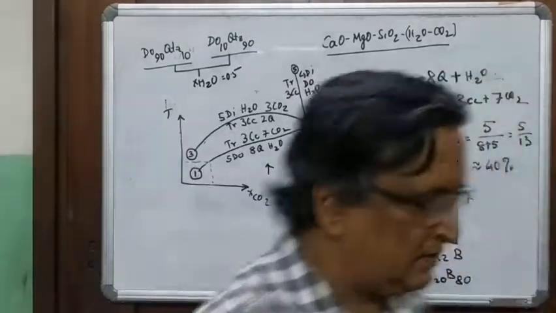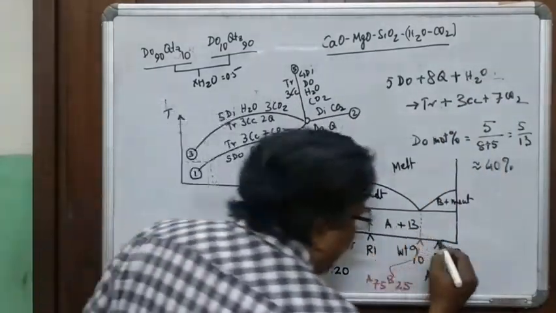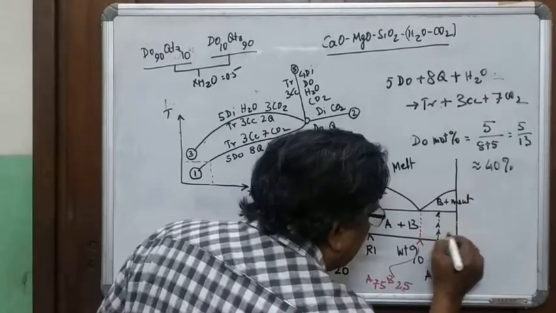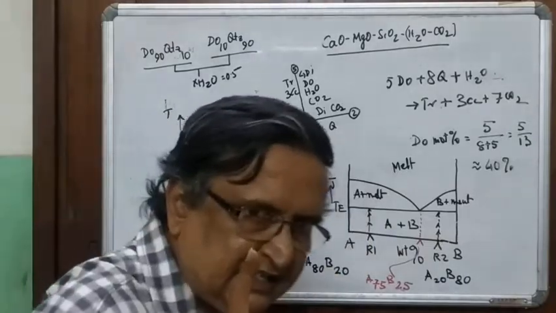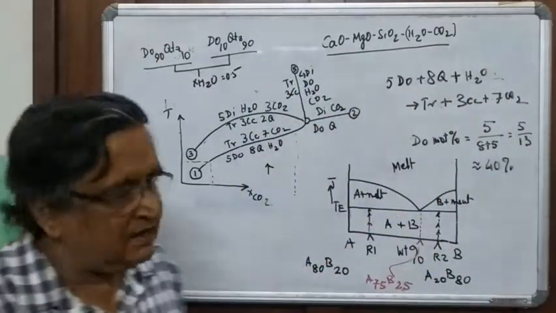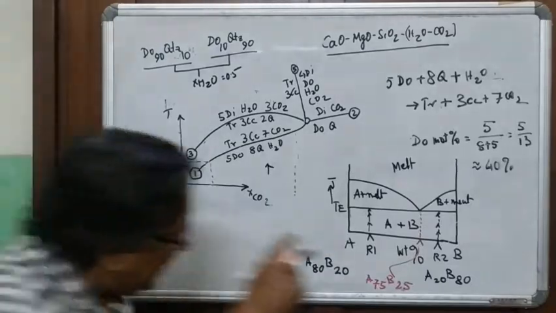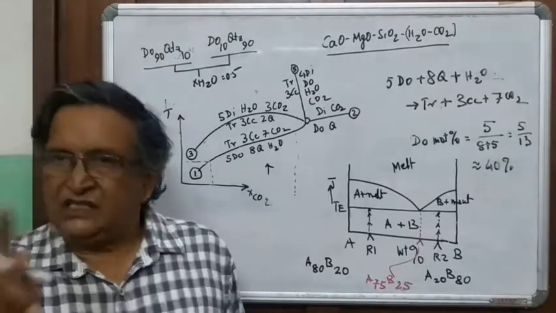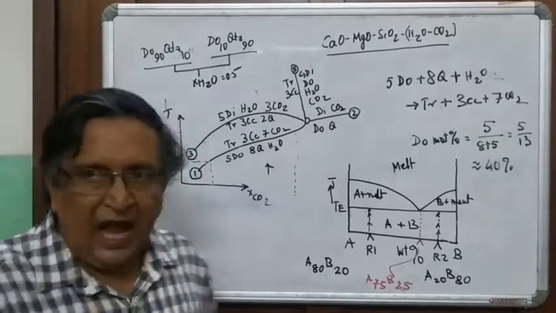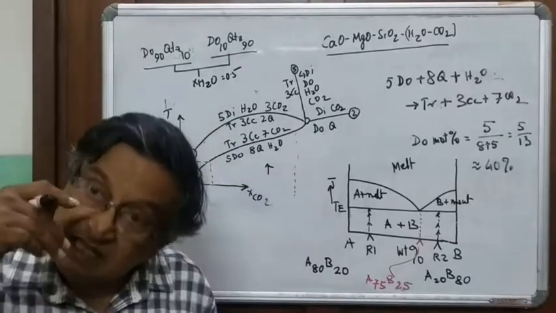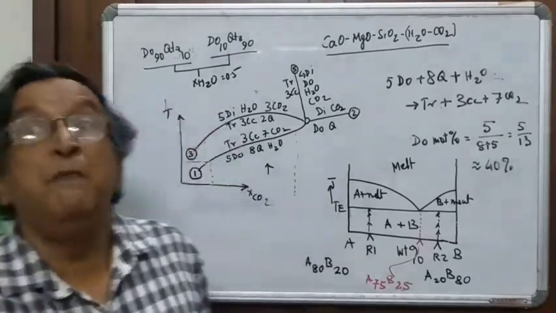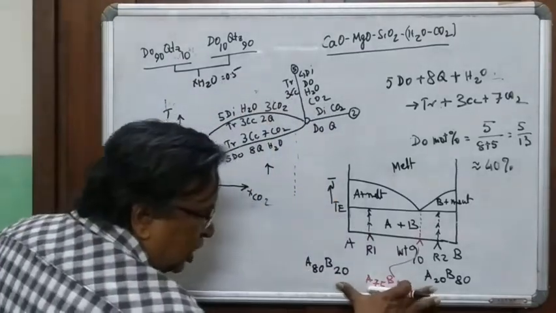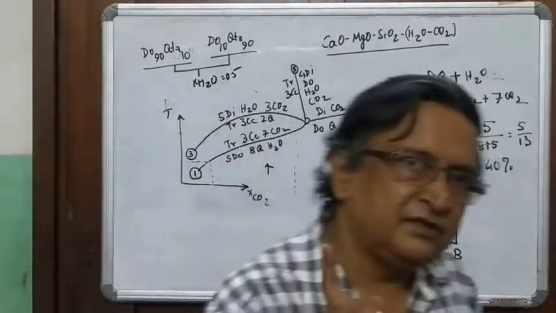Similarly, if you have R2 and increase the temperature, the rock will melt at the eutectic, yes, but it will melt with A75 and B25. 75% of A and 25% of B, in that proportion, A and B will melt. But the initial rock compositions are very different.